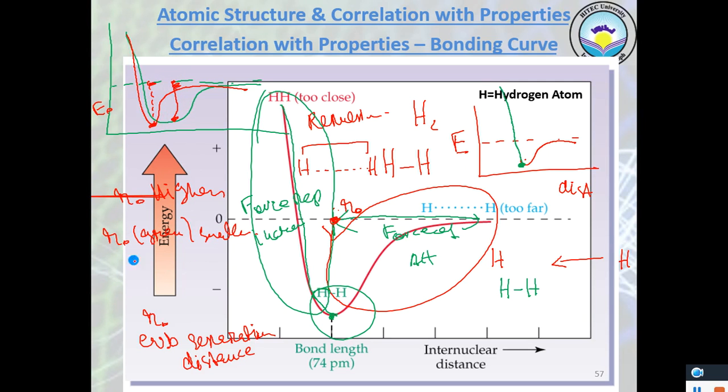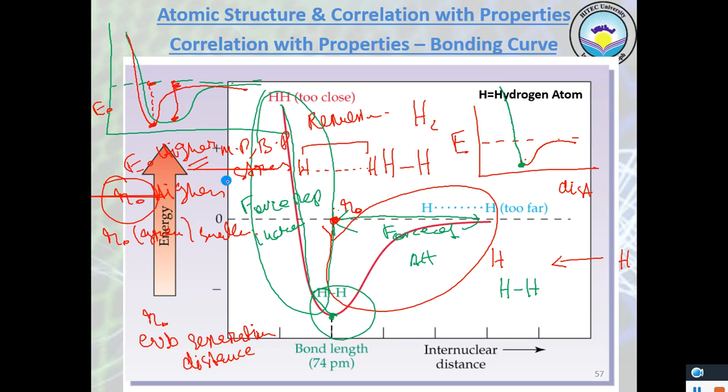Okay, so if R naught is higher, that means bond energy will be higher, E naught will be higher, and if E naught is higher, the atom will have high melting point, high boiling point, high strength, electrical conductivity as well, but on the reverse it will have a very low coefficient of thermal expansion or contraction.